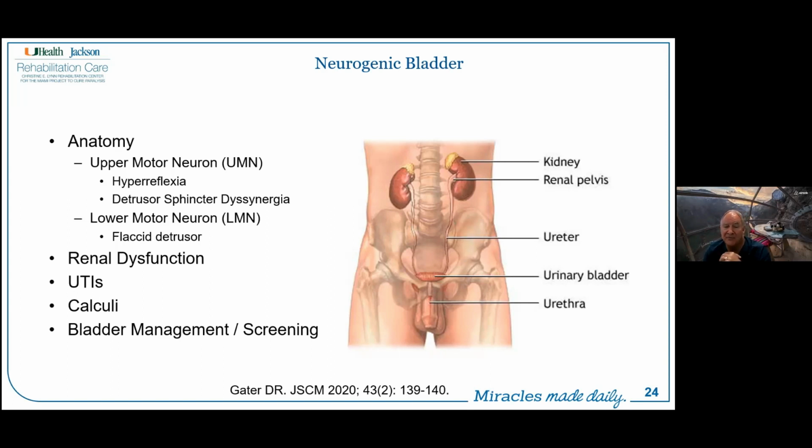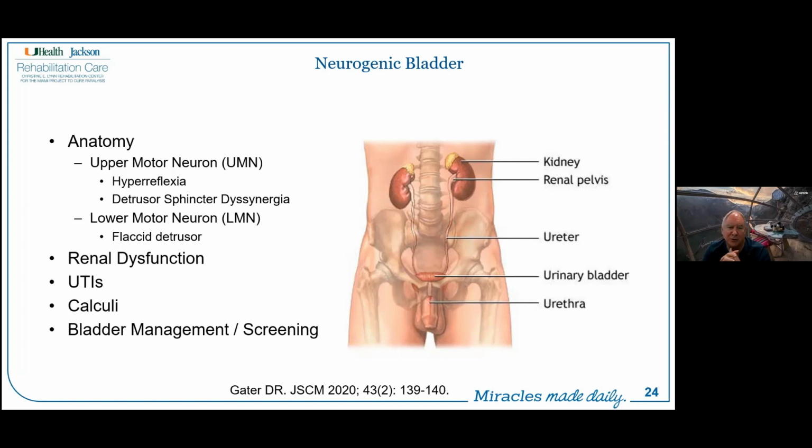We also have to consider, again, in conus medullaris or cauda equina injuries, you're going to have a flaccid detrusor and likely a flaccid urinary sphincter. And so we're going to be managing that a little bit differently. Either way, most of the time, folks are going to need to do intermittent catheterization to manage their bladders.